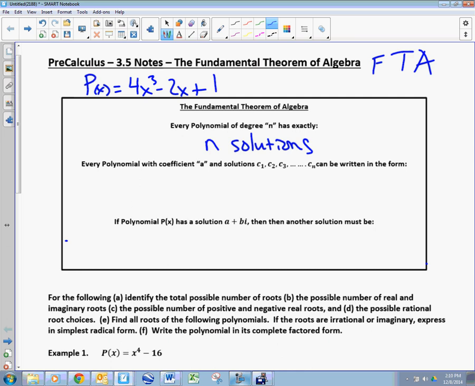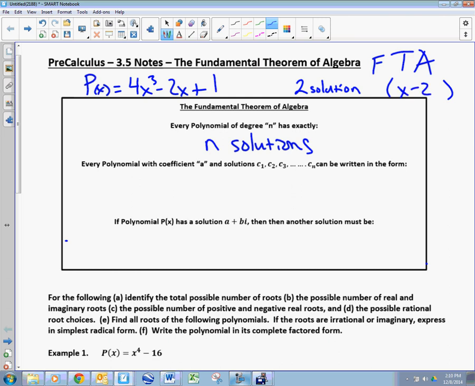Another thing it says is this. Every polynomial, given it has a coefficient of a and solutions of c sub 1, c sub 2, c sub 3, and so on, can be written in a very specific form. What form is that? Well, I'll show you. If 2 is a solution, then what's a factor? X minus 2. Very good.